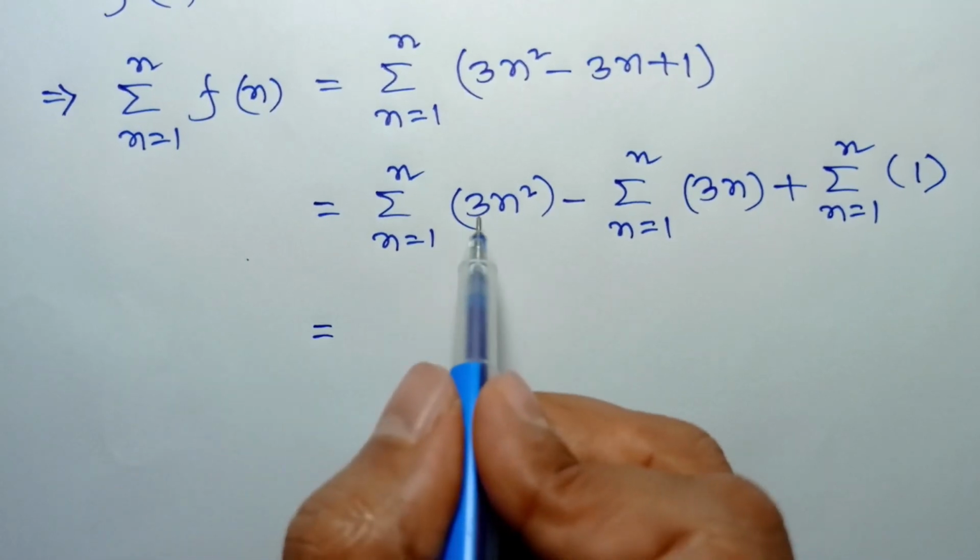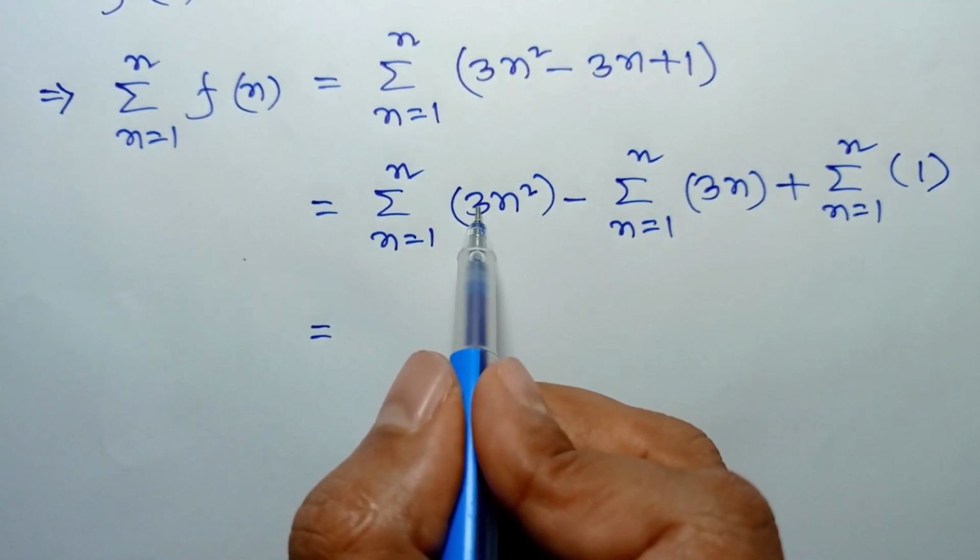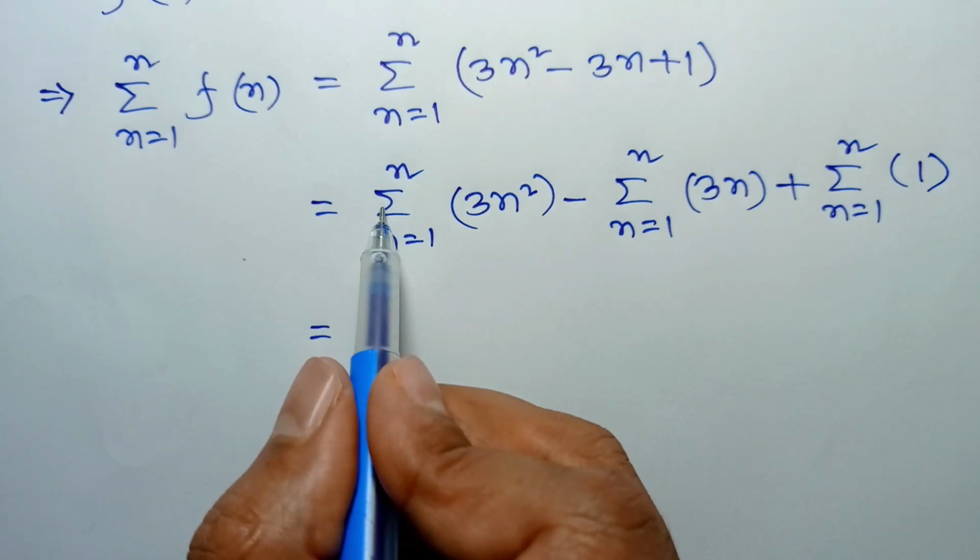This 3 is a constant, so it can be written outside of the summation.